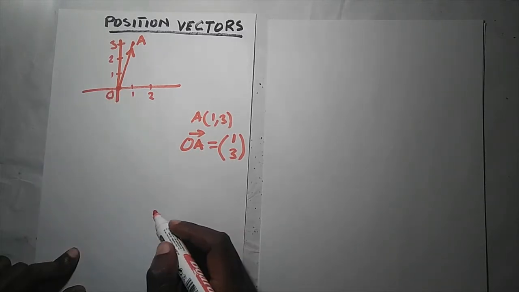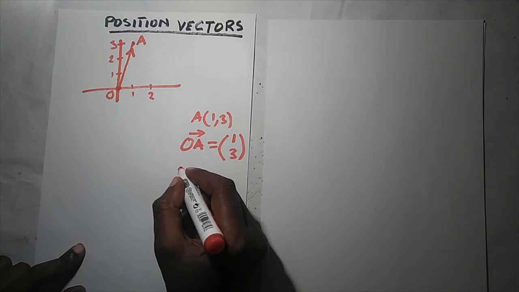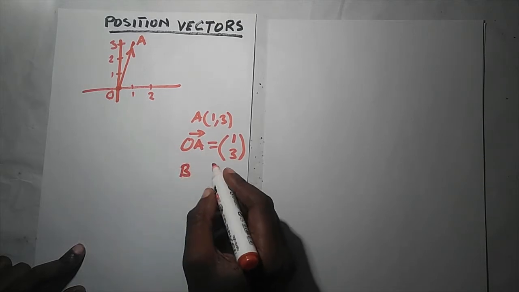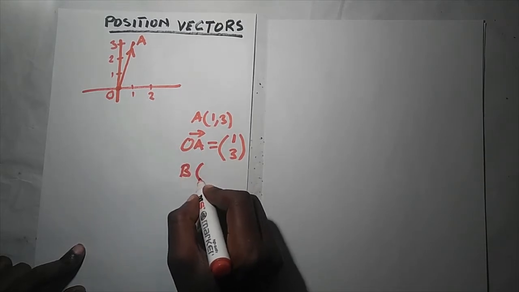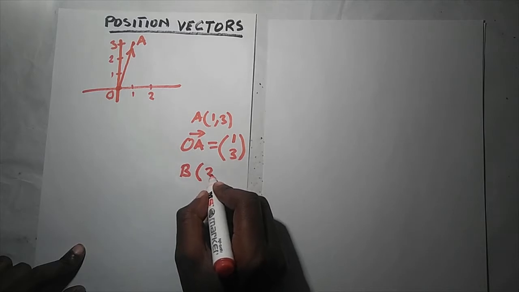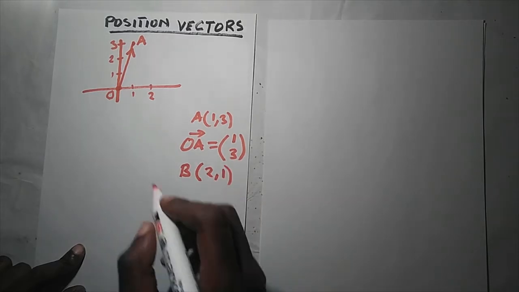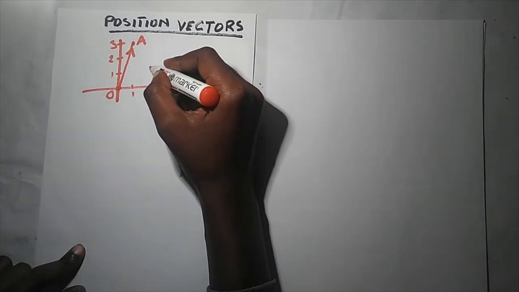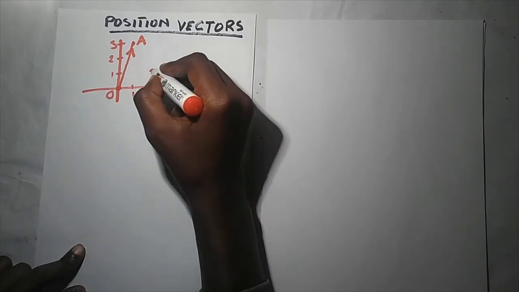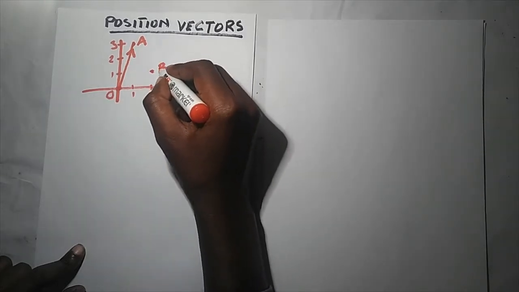Now let's have another point. Let's say B, which is given as 2,1. Okay, so 2,1, 2 is here, 1 is here, 1 is there. So you have B here.